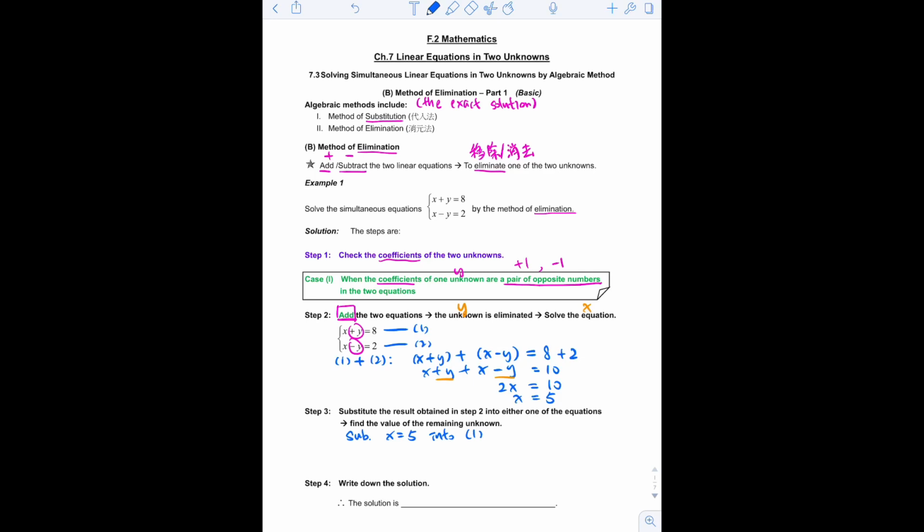Say we choose equation 1. Then we have 5 plus y equals 8. y is equal to 3. Finally, we can write down the solution. For this case, the solution is x equals 5 and y equals 3.